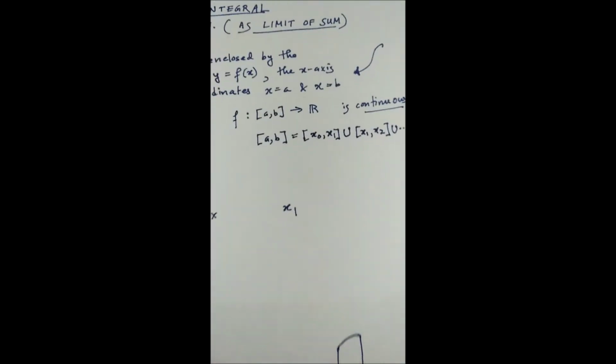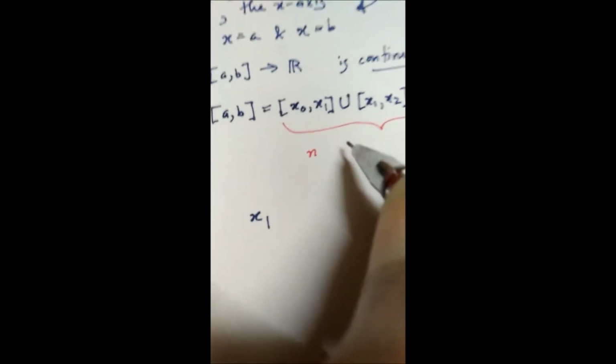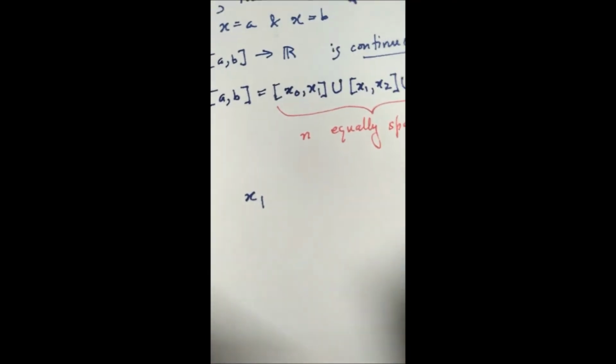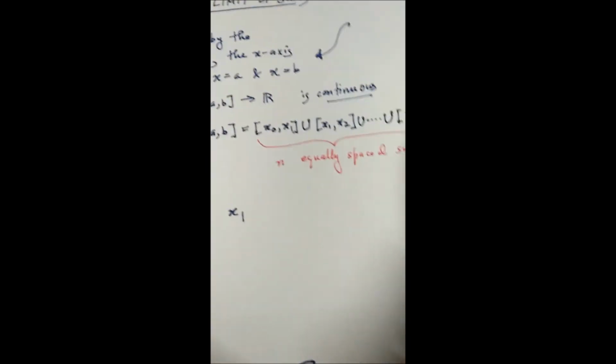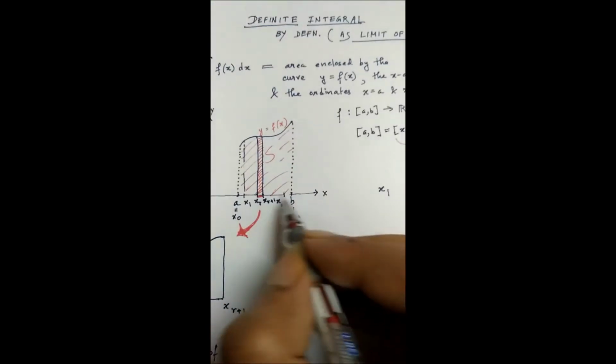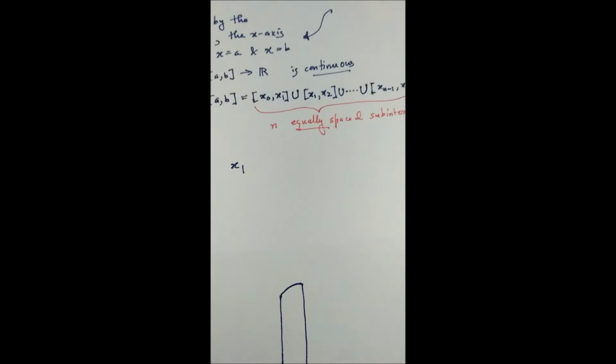So what do we have here? We have n equally spaced subintervals, the total of which, that is if you take the union of all of them, gives the whole AB, right? Now note that they are equally spaced.